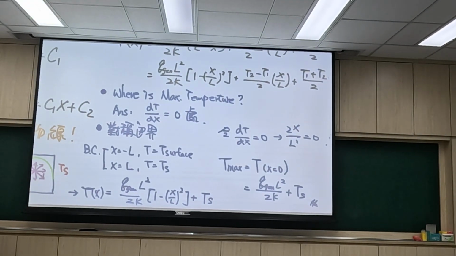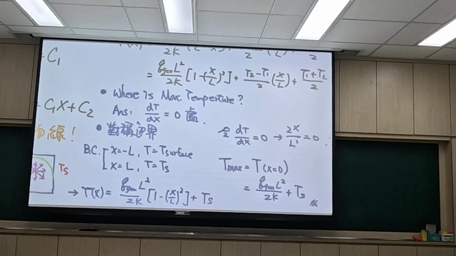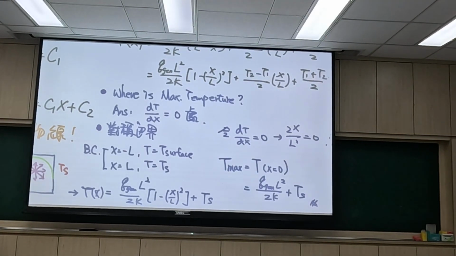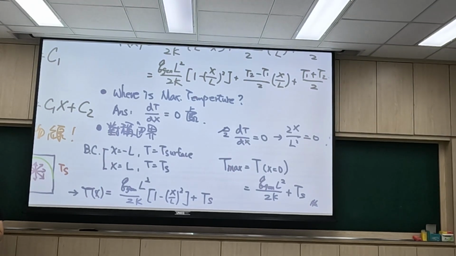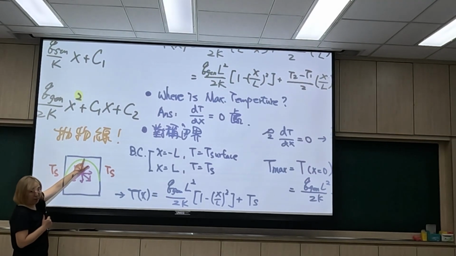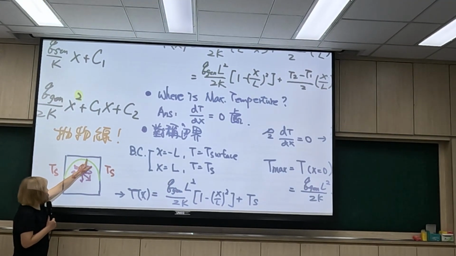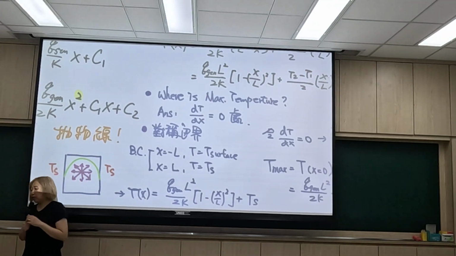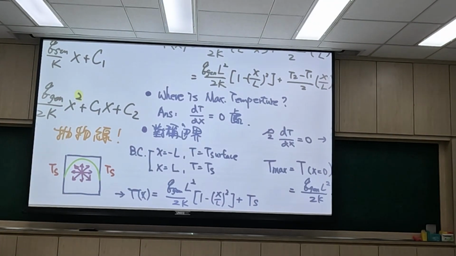The maximum temperature will only be achieved where the derivative of T with respect to X equals 0. My maximum temperature will definitely appear where dT/dX equals 0, because it is the turning point of the parabola, so it must be the maximum, which is at this point. So the slope at this point will become 0.